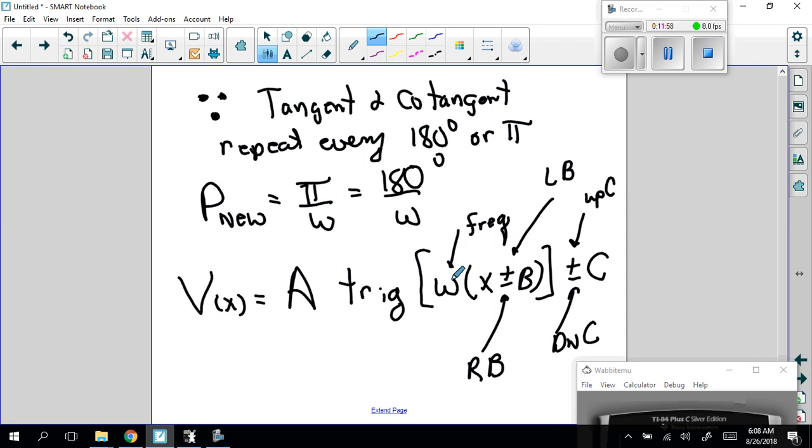You're either compressing it or stretching it, and the frequency affects that. Frequency right now, for tangent and cotangent, is how many times it repeats every 180. For the other four, frequency is how many times it repeats every 360. Well, anyway, let's get busy.